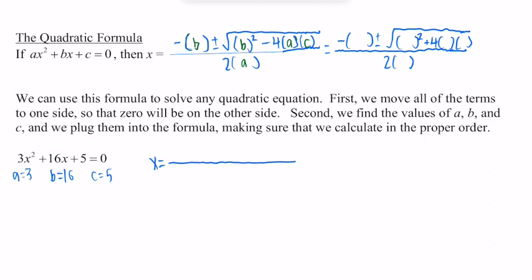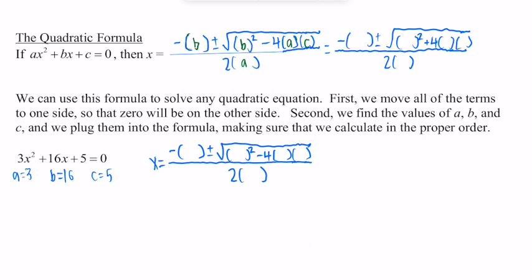We'll start by making a big fraction. I'm going to go ahead and write that version with the blank parentheses first, because every problem where you're using the quadratic formula is going to start out exactly like this. And it's just a matter of filling in the parentheses correctly and then simplifying it correctly.